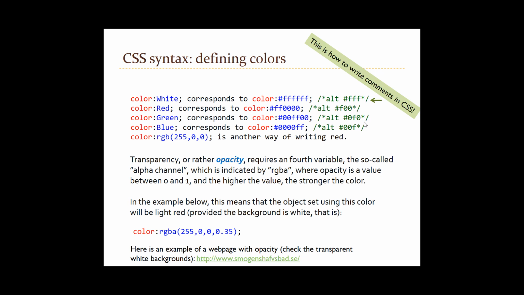And as you see in the example below, you have RGBA 255, 0, 0 and then 0.35, which means that it's red, but it's not completely red. It's a rather faint color. So it's just a third, basically, of the full color. So this is transparent text. Or it doesn't have to be text, but anyway, the object is transparent.